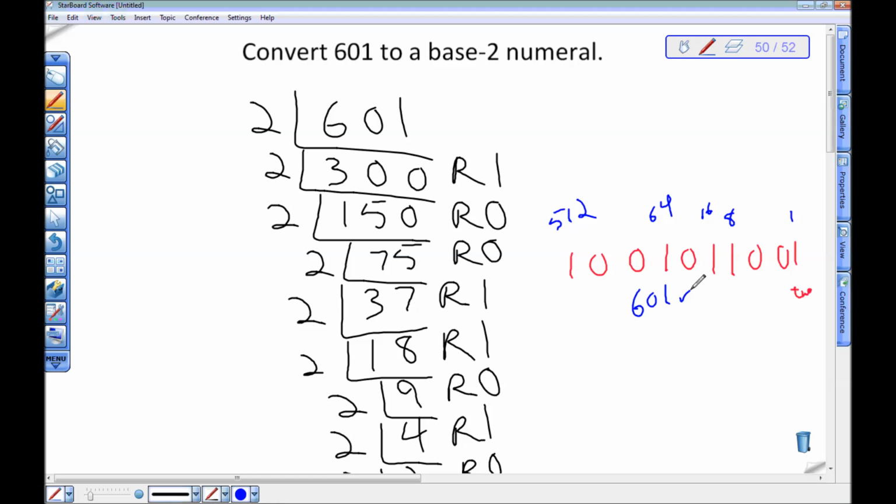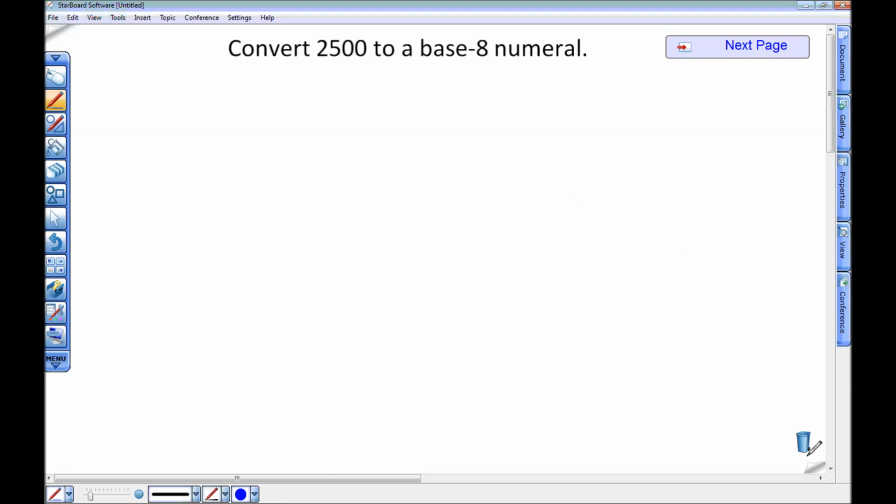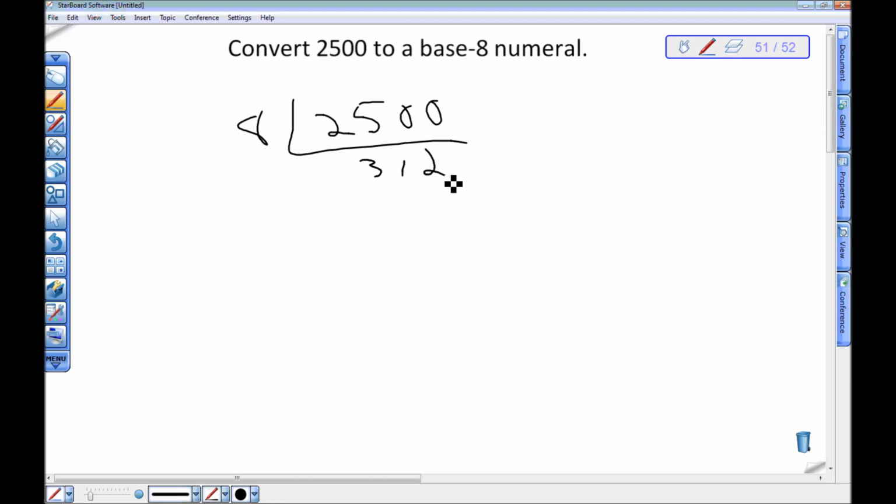Okay, let's do one each of these others. I want to convert 2500 to base 8. I can do this same process. 2,500 divided by 8 is 312, with a remainder of 4. Okay, now I take 312 and divide it by 8.